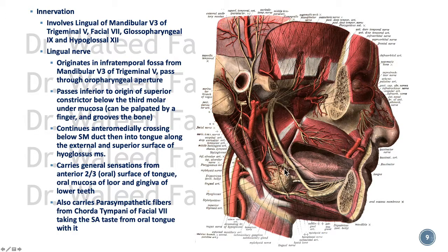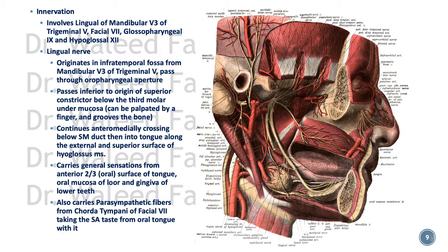Some of its fibers left the nerve, see this posterior filament, to form the submandibular ganglion, because it carries parasympathetic fibers from the facial nerve, and the rest of the fibers continued to the tongue to supply the anterior 2/3 with taste sensations.